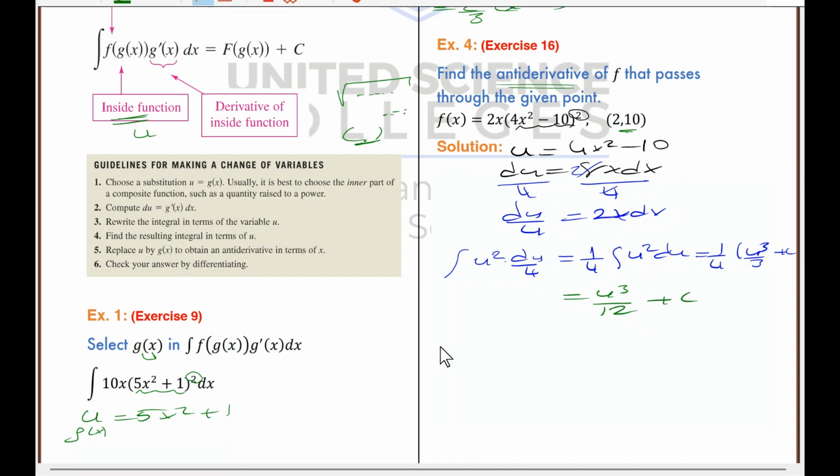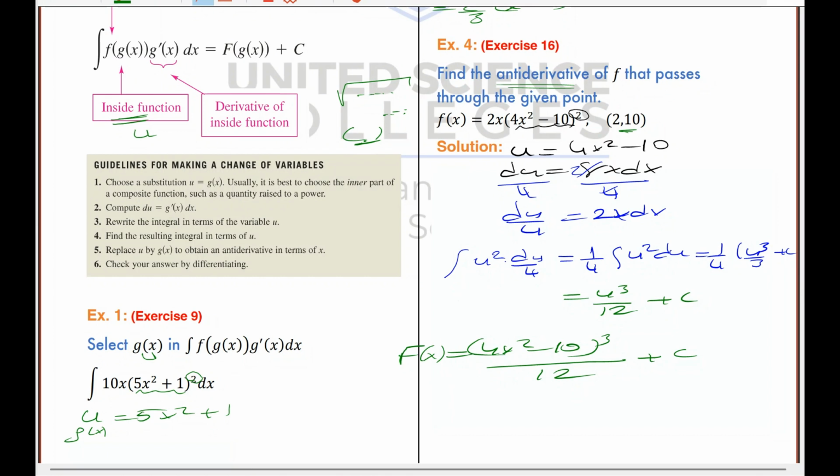When I do back substitution, u is going to be 4x squared minus 10, cubed here, over 12 plus c. This is my antiderivative.